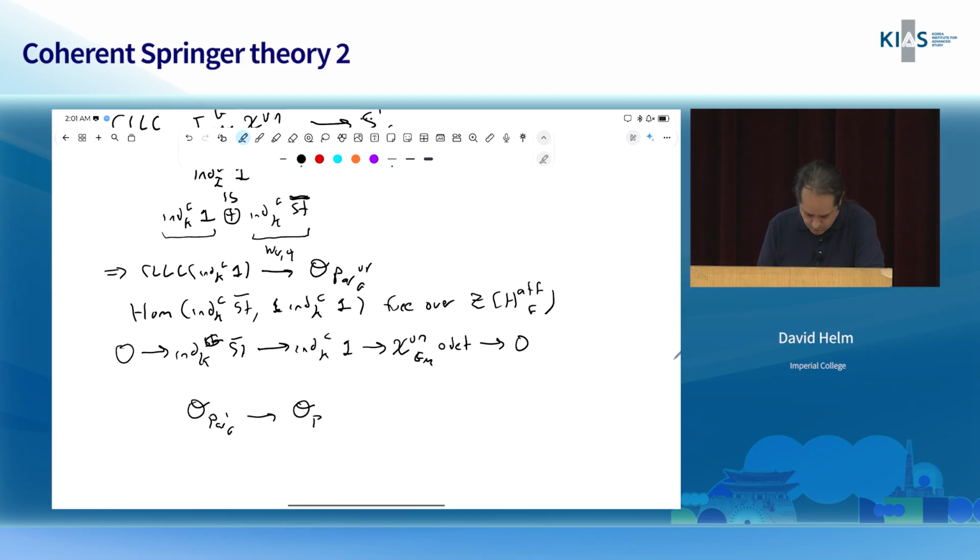Namely, we have O par 1g to O par g un, the structure sheaf of both components mapping to the structure sheaf of one component, and that's surjective. So it maps to 0, but now it has a kernel, and that kernel is the ideal sheaf of par g un, but living in degree -1.